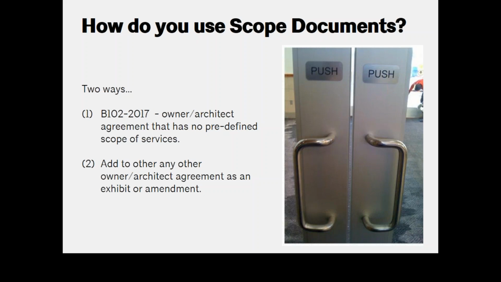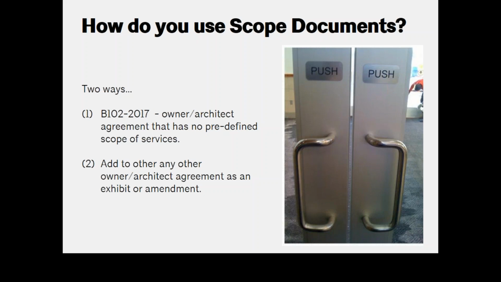And what that means is that B102 is an agreement that has all of the business terms that an architect is going to need in order to have an agreement with an owner. Things like payment provisions, copyright and licenses for the architect's instruments of service. It's going to have termination provisions, and it's going to have dispute resolution provisions.